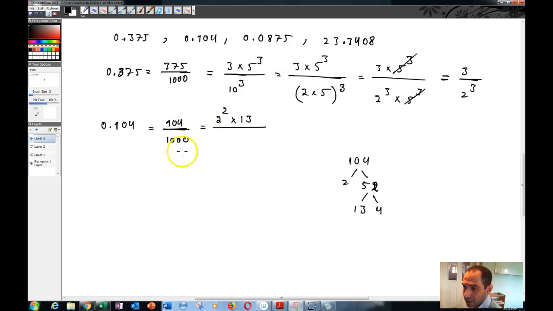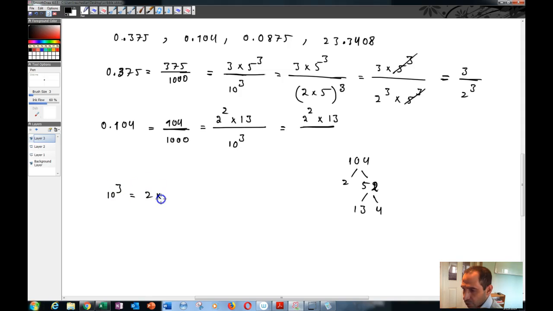And then 1000 is the same thing as 10 raised to the power 3. So you can write this number as 2 raised to the power 2 times 13, over 10 raised to the power 3.